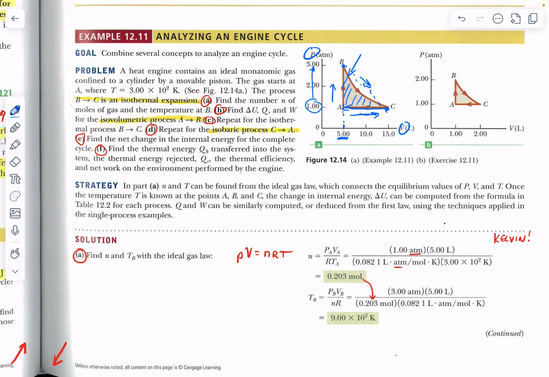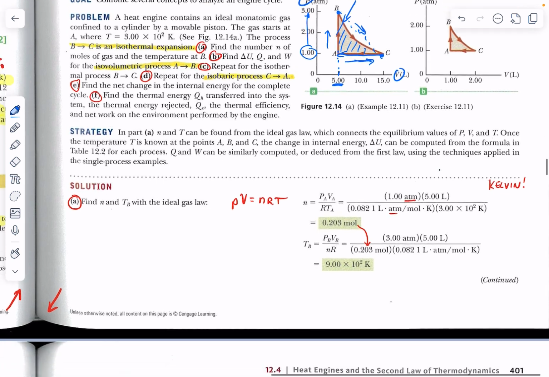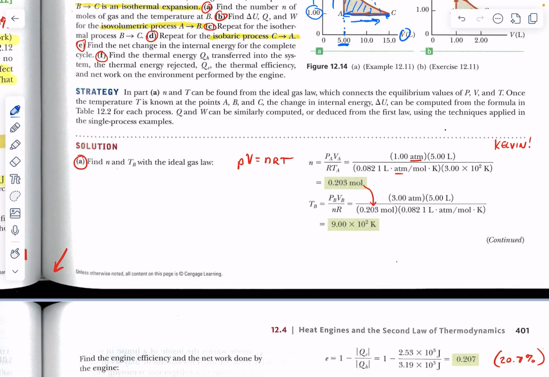So in any case, finding part A, we're going to use PV equals nRT, the ideal gas law. And our pressure is given in atmospheres, so we need our constant expressed in atmospheres to be dimensionally consistent so that the atmospheres cancel.